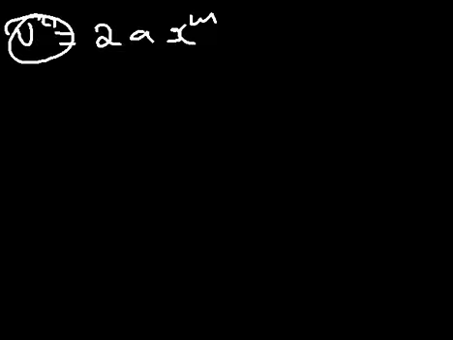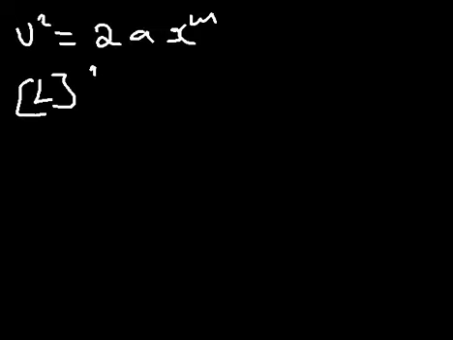So the velocity will be given as L to the power 2 divided by t to the power 2, which is equal to, this is the dimensional constant, so we just read it out.